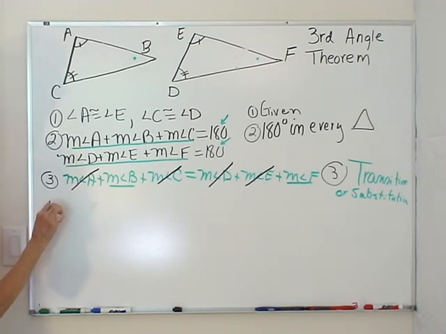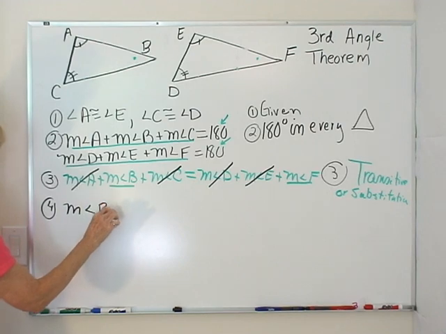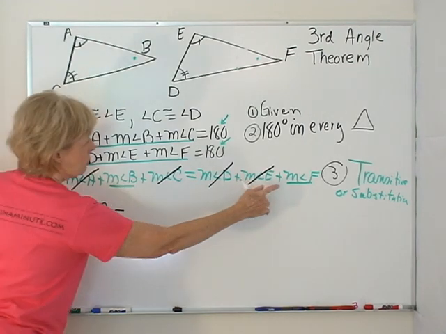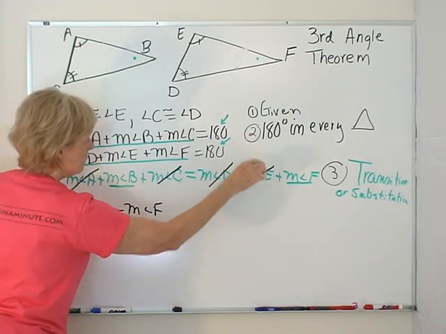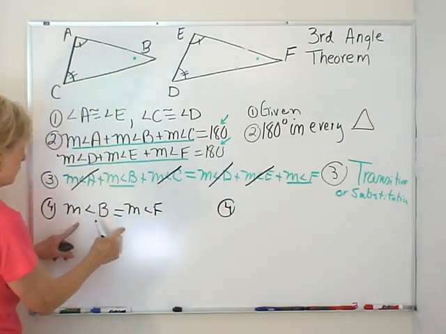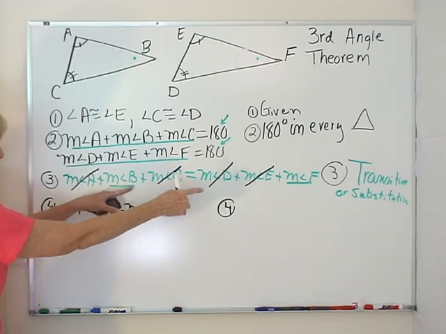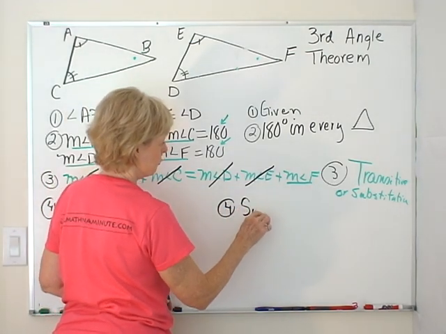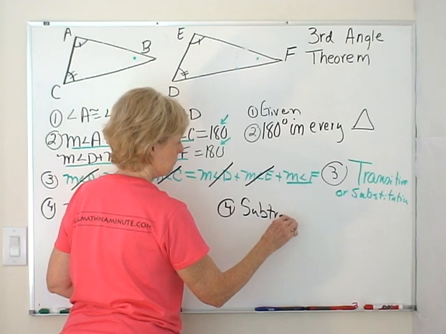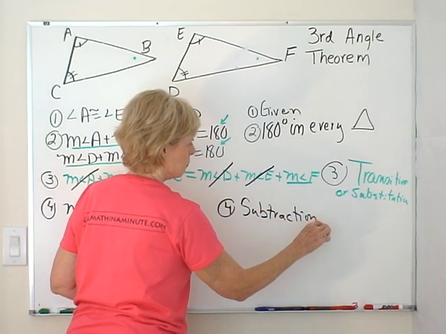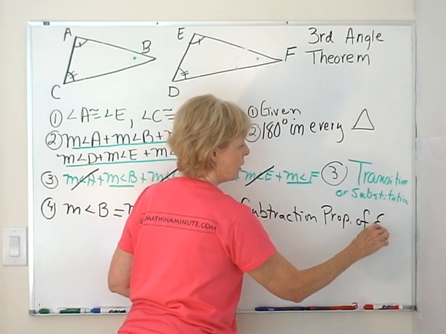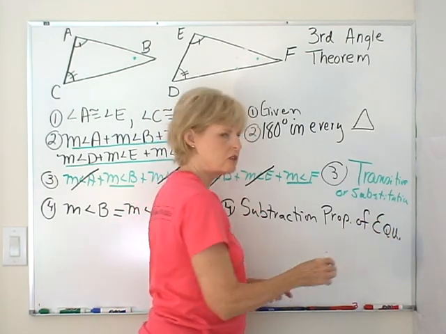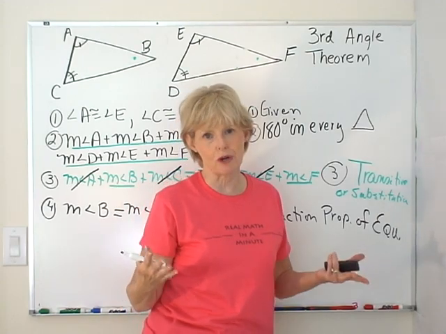So what I have left is the measure of angle B is equal to the measure of angle F. And again, step 4, how did I reach that conclusion? I did it by subtracting. So I go subtraction property of equality. So that's a good example of how we use that particular property.